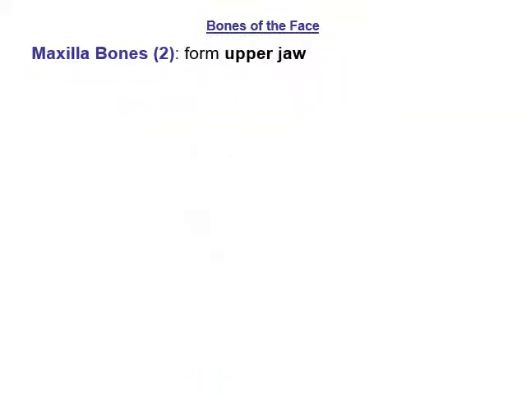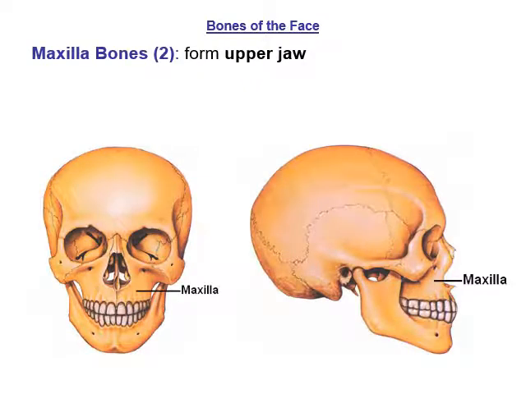Next are the maxilla bones. The maxilla bones form the upper jaw, and there are two of them. These are the bones that cause problems if people have cleft lip or cleft palate. Those bones didn't articulate, they didn't form properly, and so that's why you end up with that gap.